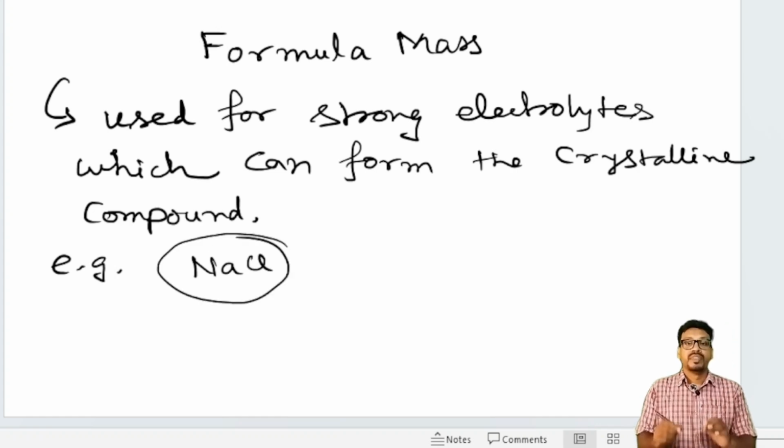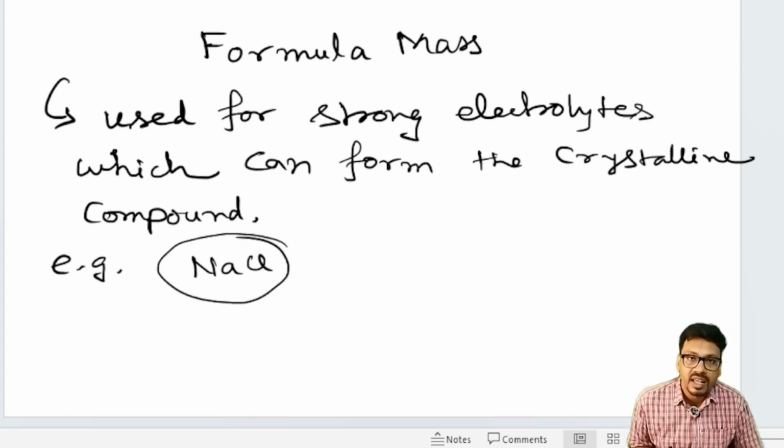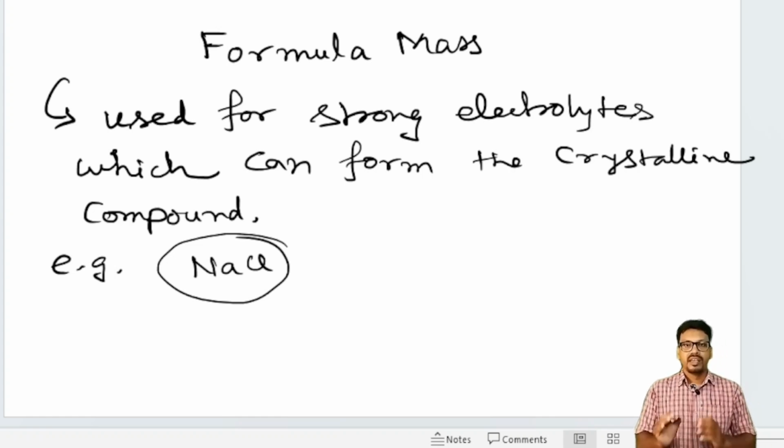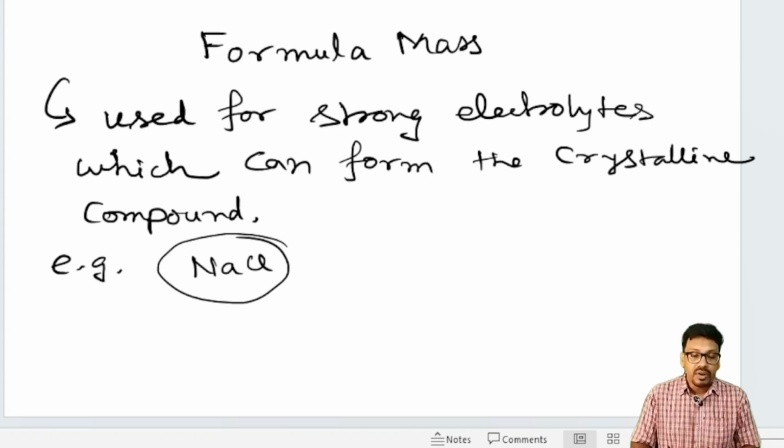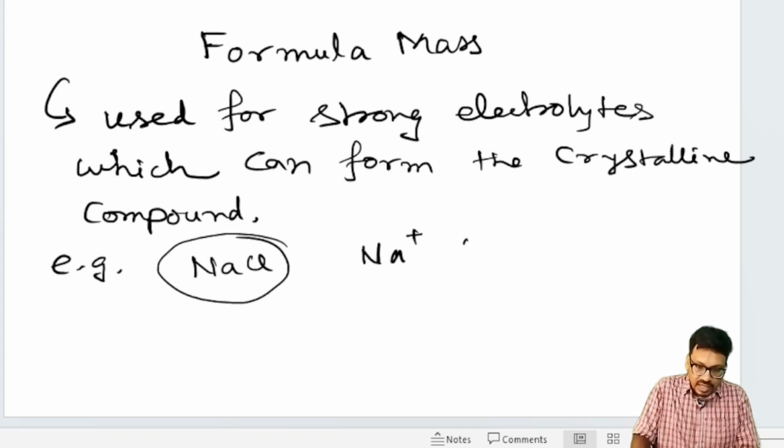We know that the solid NaCl can form a very good crystal. Okay? Now, we cannot determine the molecular mass for these types of compounds, because in a crystal we cannot get the single entity of the Na plus and Cl minus.